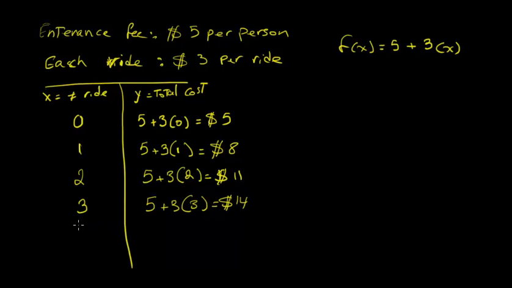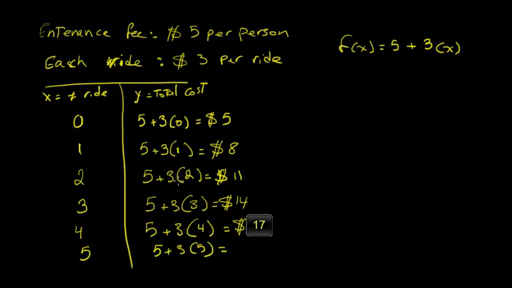And let's say you have four rides. Again, 5 plus 3 times 4 equals $17. And what if you have 5 rides? 5 plus 3 times 5 equals $20.